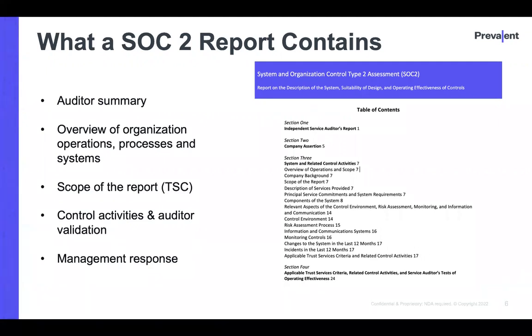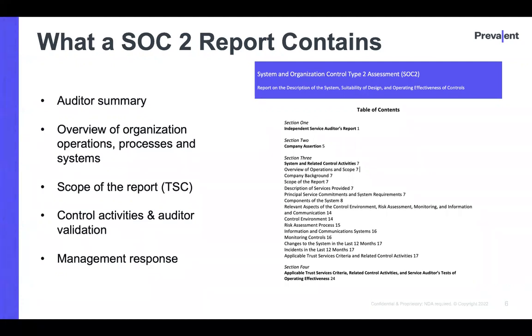So if they use SIEM systems for event monitoring, if they have vulnerability assessments and penetration testing, and if they conduct information backup and the type of backup systems that they utilize. So it can be quite overwhelming at first when you see this volume of information, because it really can go into a lot of depth. And some independent auditing bodies do choose to go to that level of depth, and that represents, in some cases, the complexity of the organization.